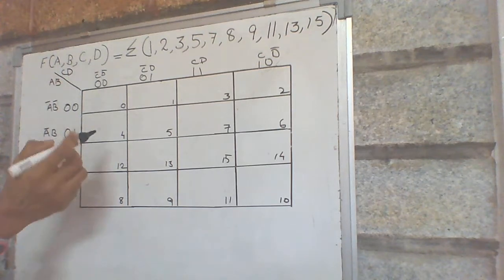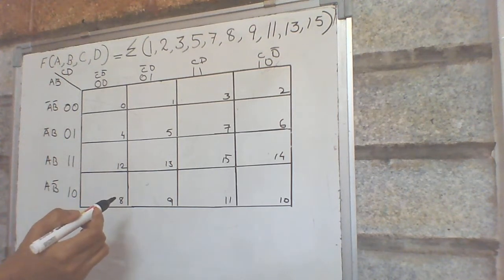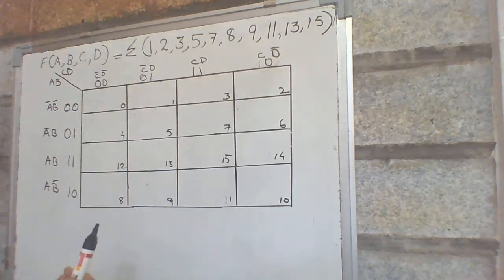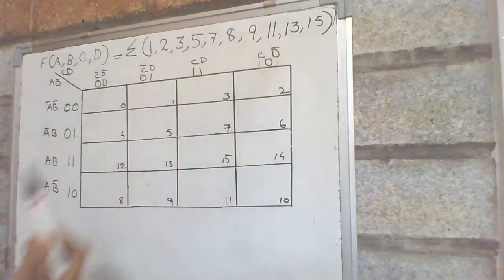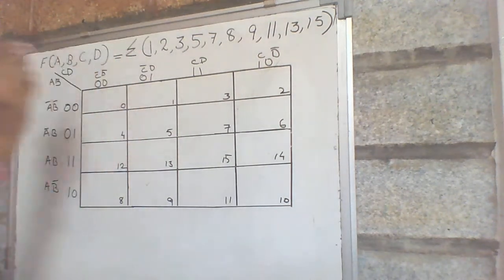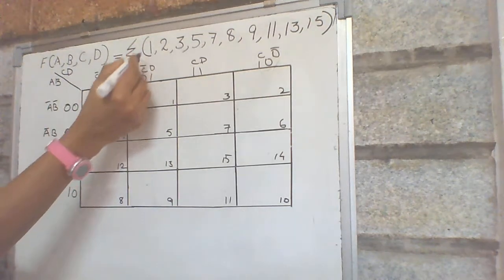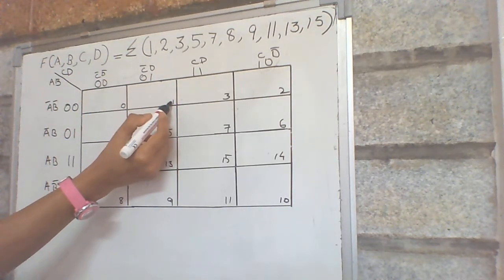Okay. Then what is the next step? Check the question: sigma 1, 2, 3, 5, 7, 8, 9, 11, 13, 15. In those cells you have to write 1. First find the cell for 1, and write 1.